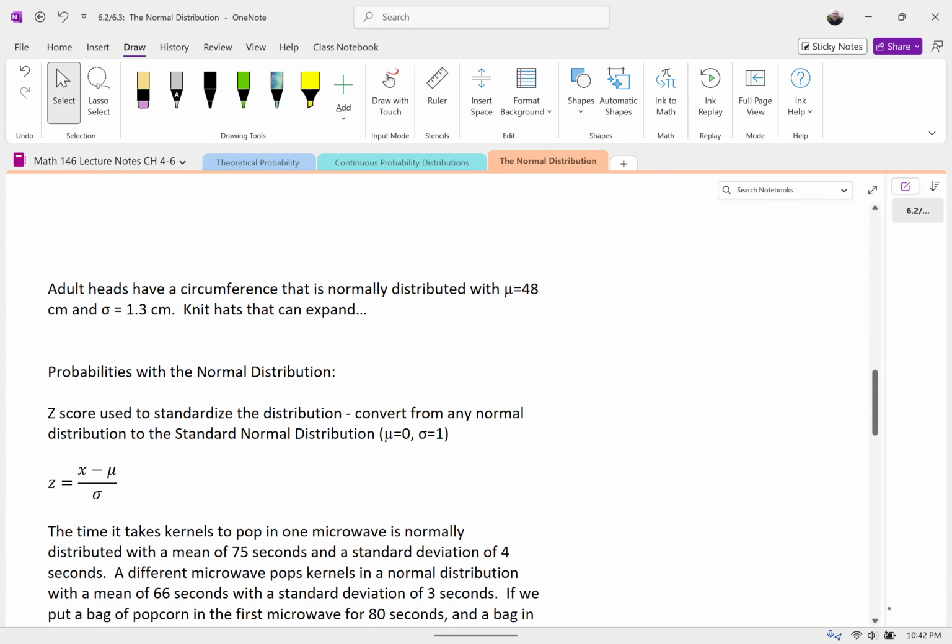Another example we might have would be adult heads, which have a circumference that's normally distributed with a mean of 48 centimeters and a standard deviation of 1.3 centimeters.